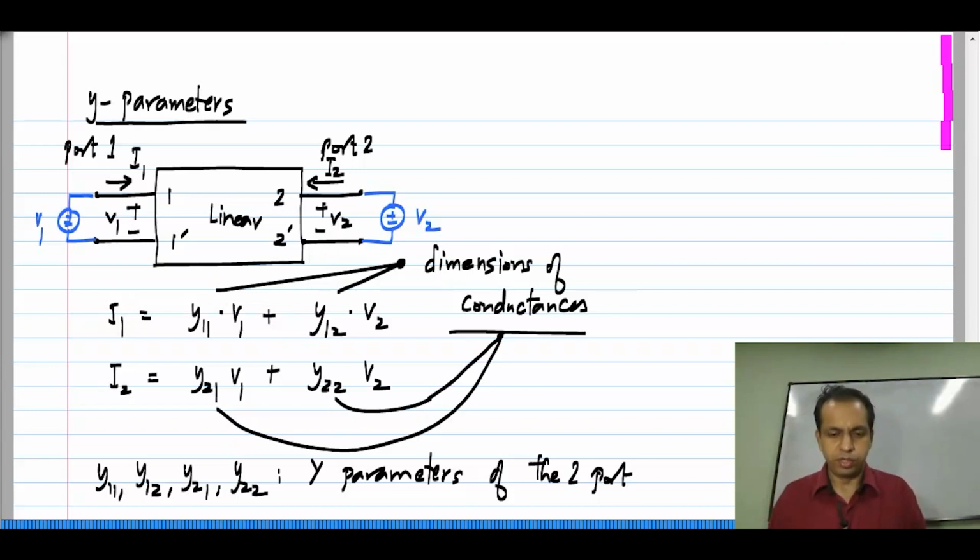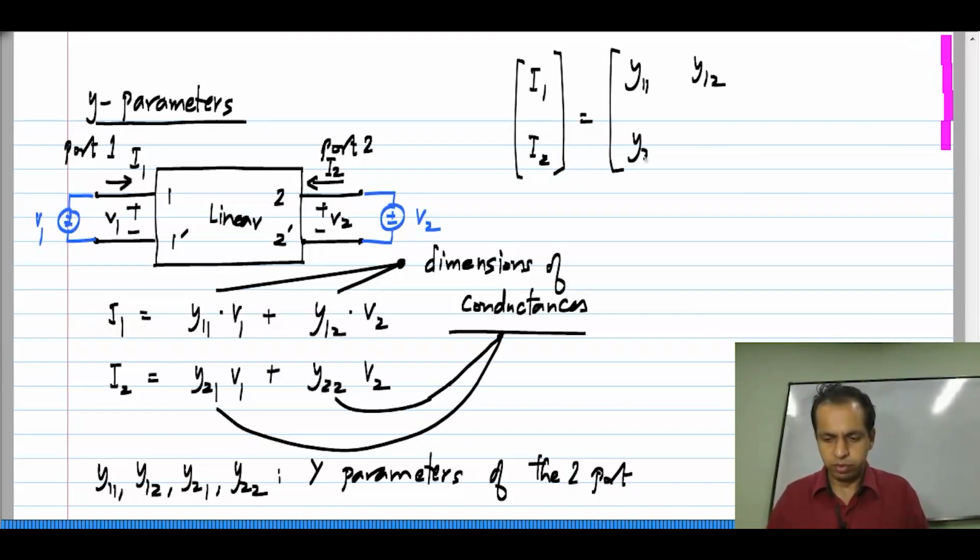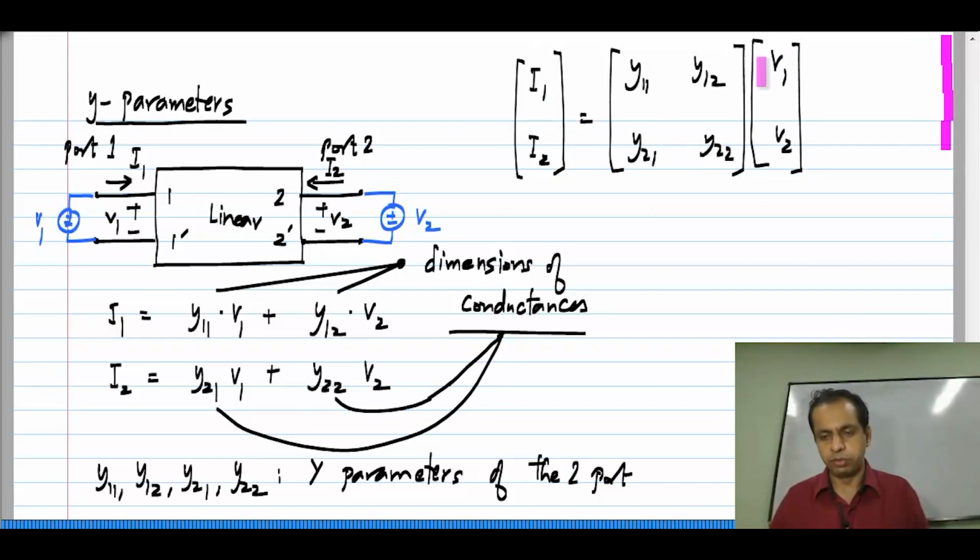Now, this relationship can also be expressed more compactly if we write the two currents as a vector of length 2, and we have Y11, Y12, Y21, Y22 arranged as a matrix times the vector of voltages V1, V2. So, I1 is Y11 times V1 plus Y12 times V2, I2 is Y21 times V1 plus Y22 times V2.